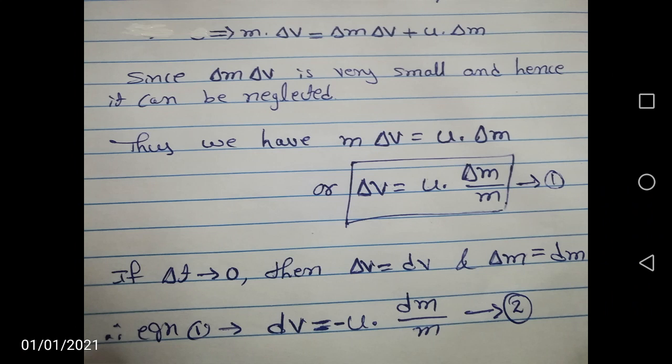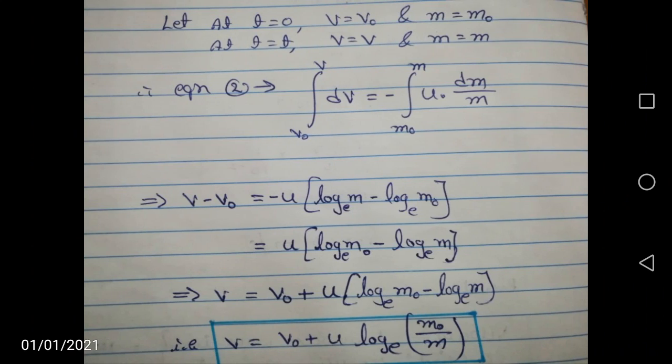If delta t tends to 0, then delta v becomes dv and delta m becomes dm. Therefore, equation 1 becomes dv equals minus u dm by m. Here the negative sign implies that the mass is decreasing.